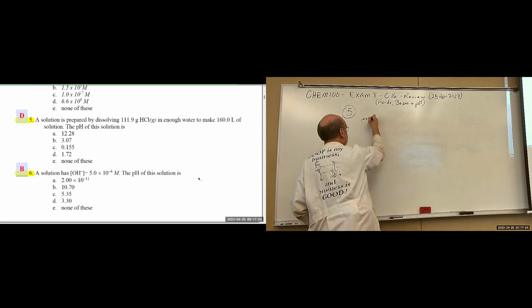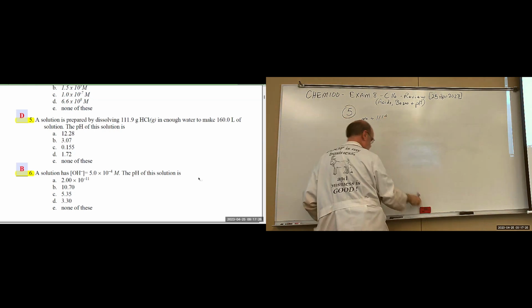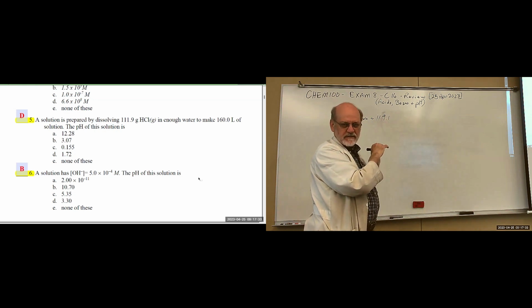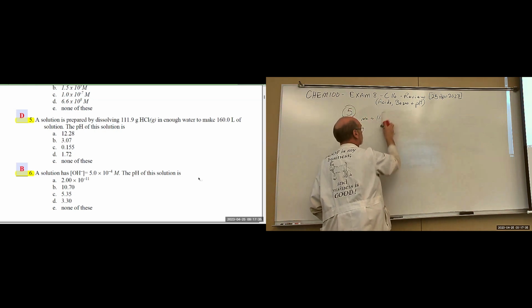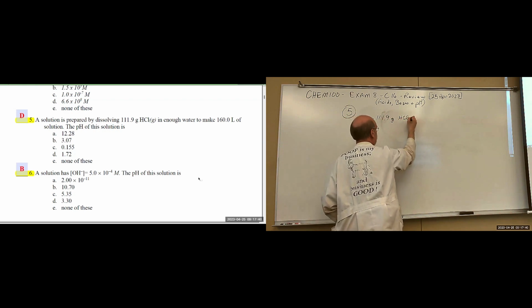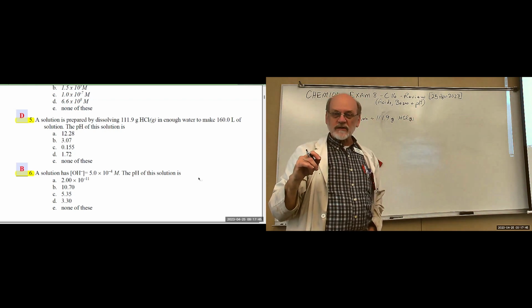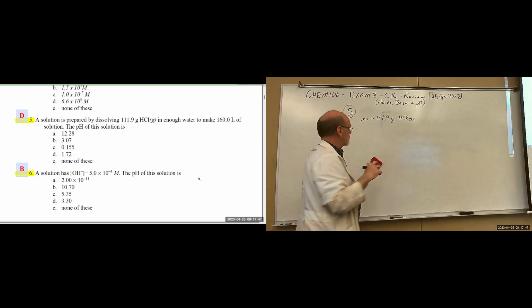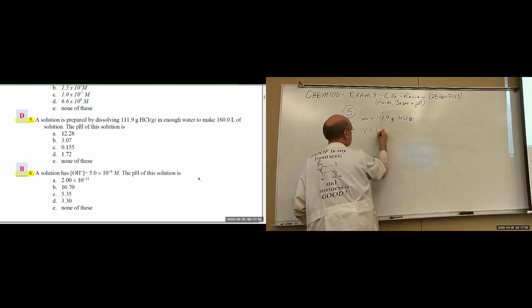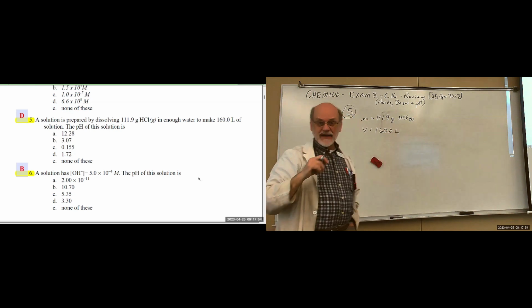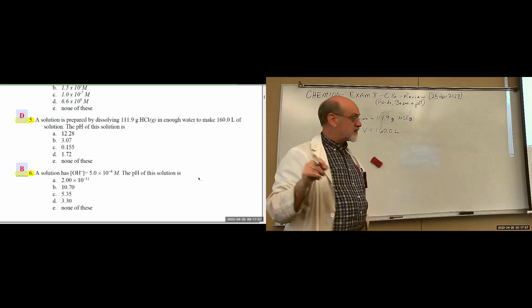So the mass that we're putting in there is 111.9 grams of HCl gas. Okay. In enough water to make 160 liters of solution. So the volume is 160.0 liters. Okay. And the question is, what's the pH?